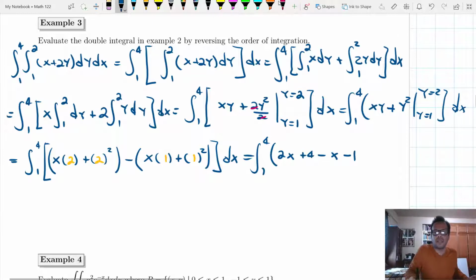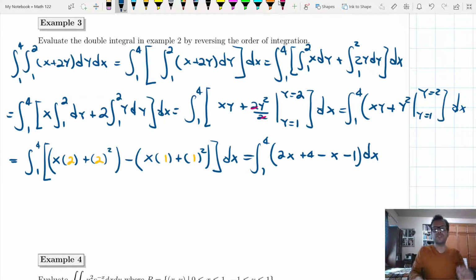Notice these negatives right here, the ones I'm circling, come from distributing this negative sign over these two terms. X times 1 is this x right here, and 1 squared equals 1, right? Okay, let me get rid of those arrows right here. And let's close parentheses here. So we're going to have times dx.